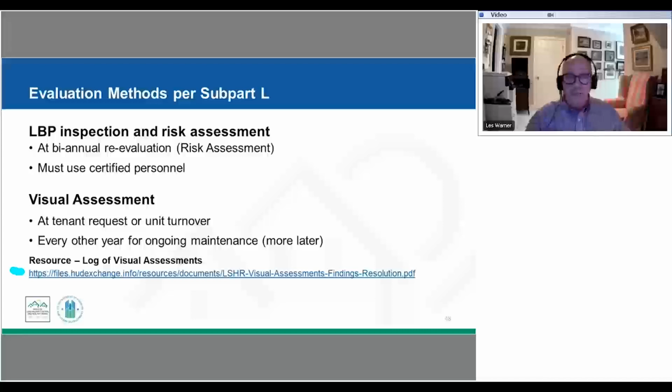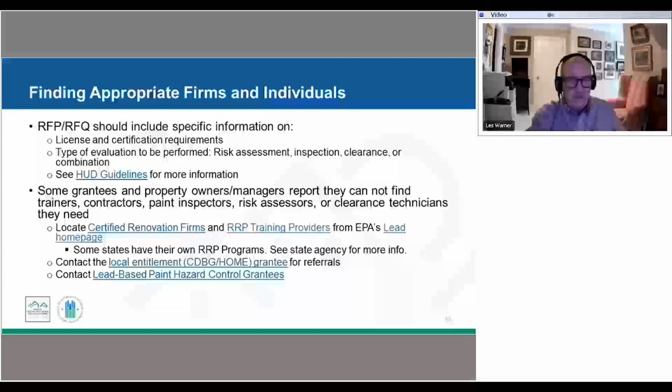And then when we get into talking about addressing those potential hazards based on our visual assessment, we would be tracking back to that log to then determine which of these surfaces need to be addressed. So really important to be able to track that information.